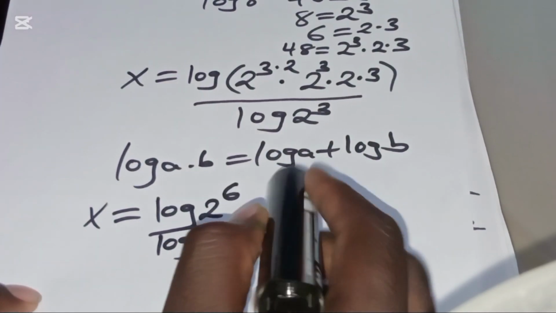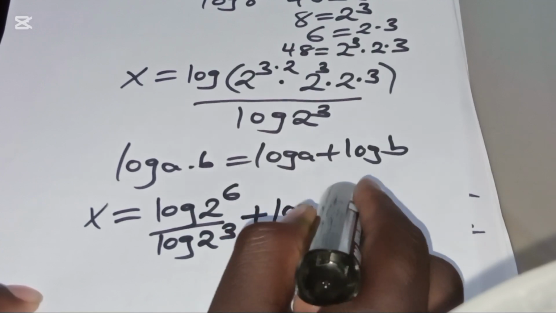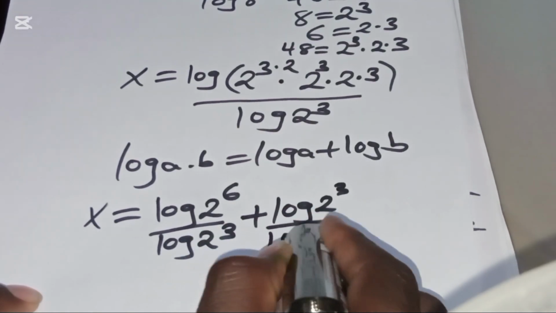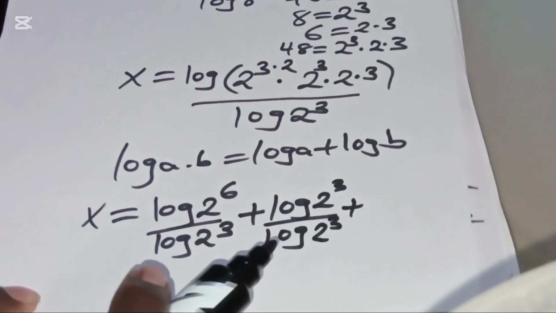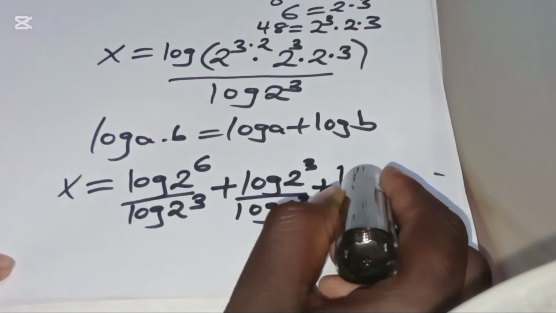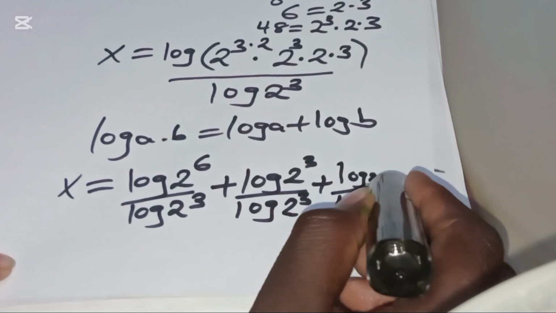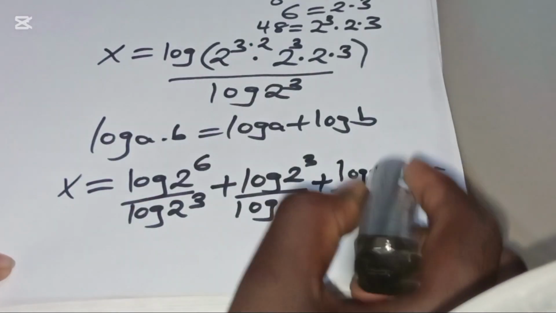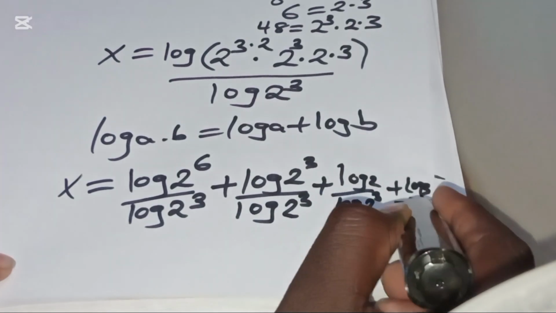Plus log 2 to the power 3 divided by log 2 to the power 3, plus log 2 divided by log 2 to the power 3, plus log 3 divided by log 2 to the power 3.